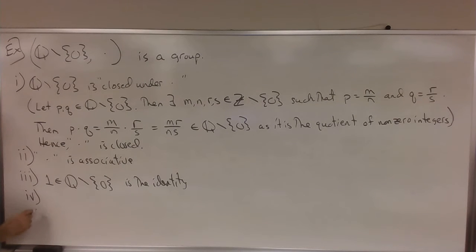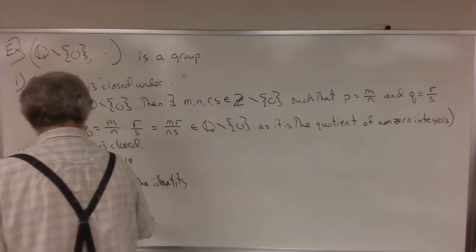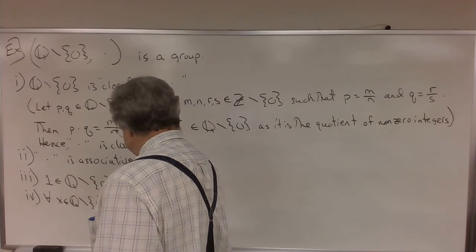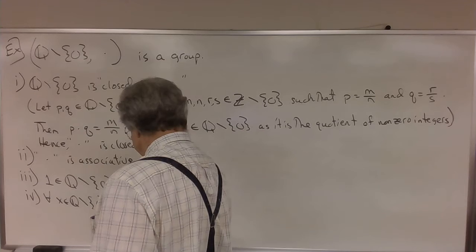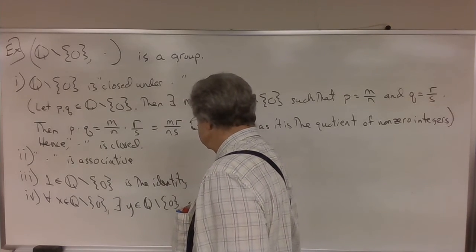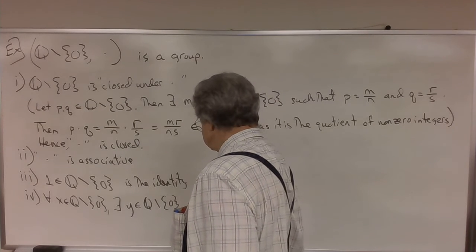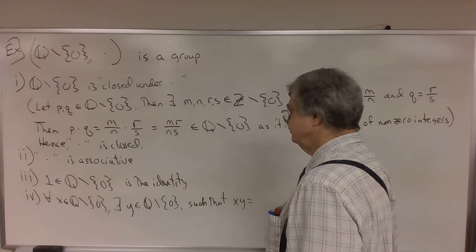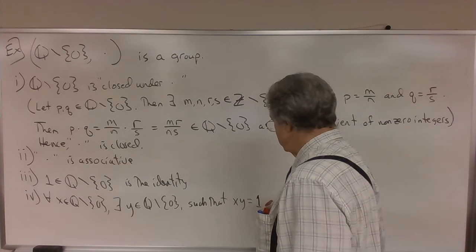And finally, for each non-zero rational number x, there exists a non-zero rational number y such that xy equals the identity 1.